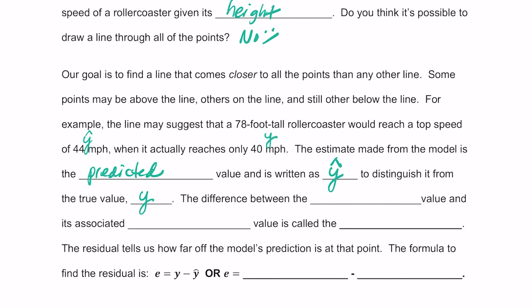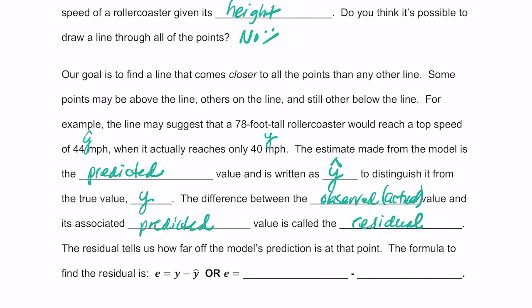Okay, so the difference between the observed, also known as the actual value, and its associated predicted value is called the residual, right? And the word residual is the word residue or leftover. The residual tells us how far off the model's prediction is at that point.